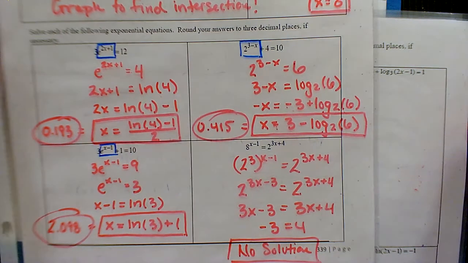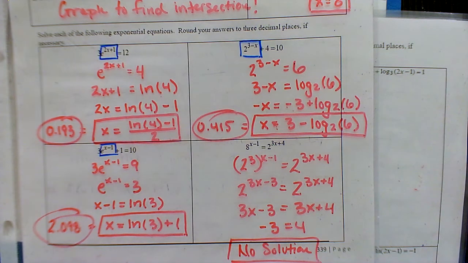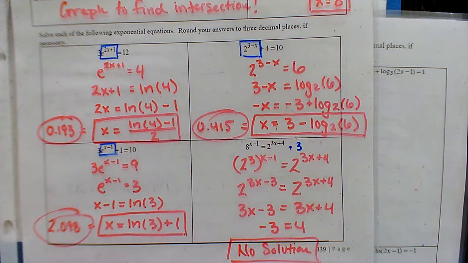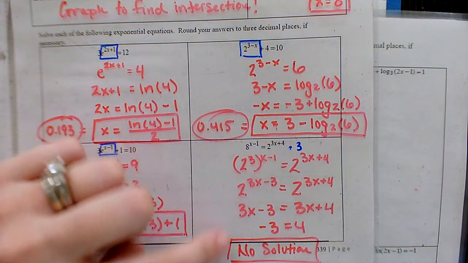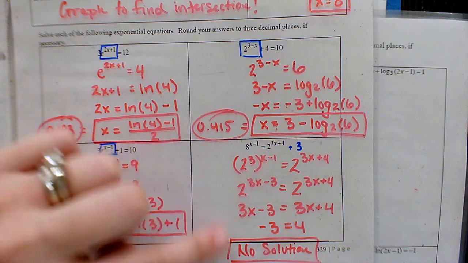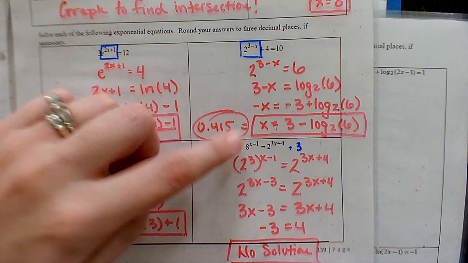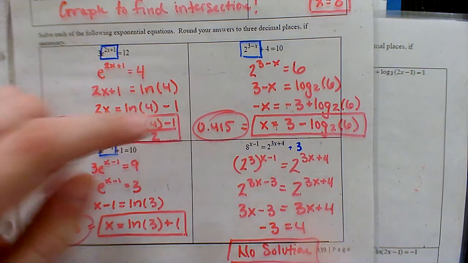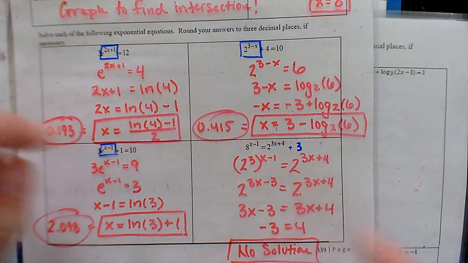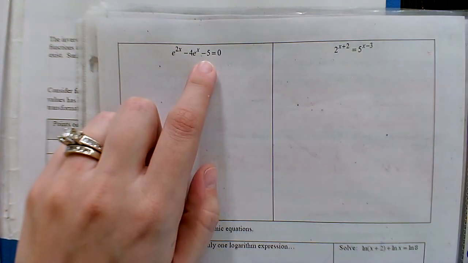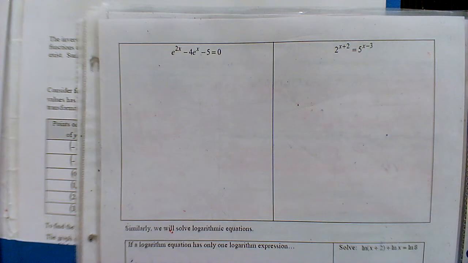This last example we did, if I were to throw in, for example, a plus 3 on the end, do you think we still would have been able to solve it this way? No, right? Because we got the 8 to be a base of 2, the 2 to be a base of 2, but that plus 3 on the end, not quite going to work out for us. So this 5, there's no way we can get that to match a base of e.